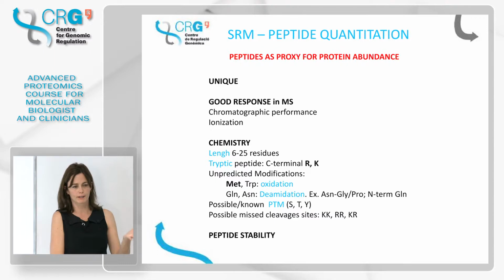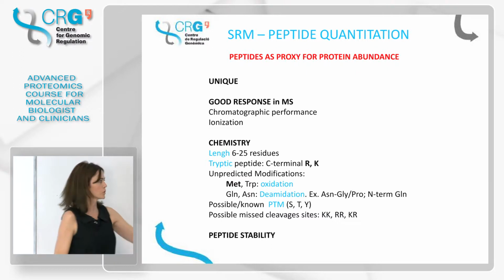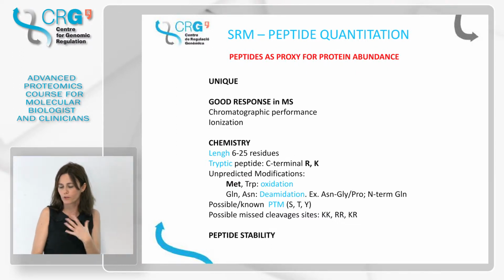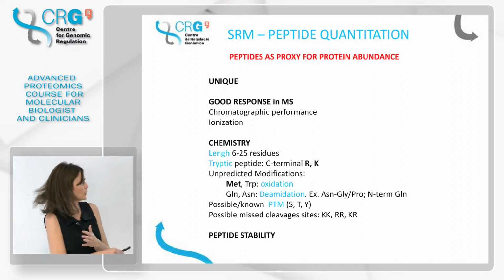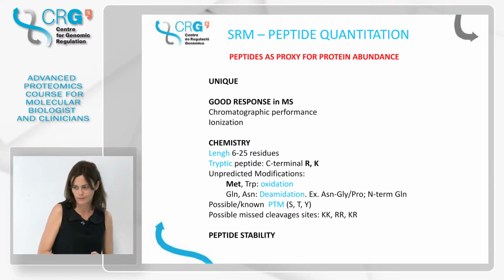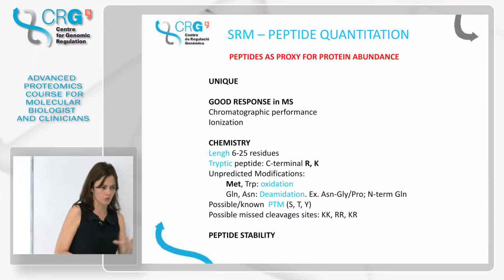Avoid sites where it's very likely that we have a miscleavage, because maybe some percentage of the peptide has the miscleavage and some not. These are the logical rules one would want for their ideal peptide. Sometimes this is not possible, because you start ruling out and you don't have peptides. So what you need to keep in mind, at least, is to make sure that it's unique.